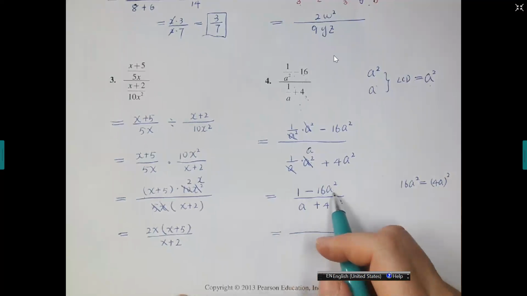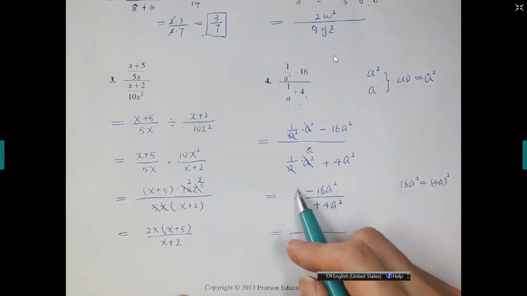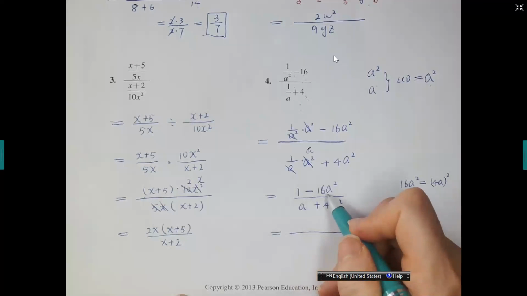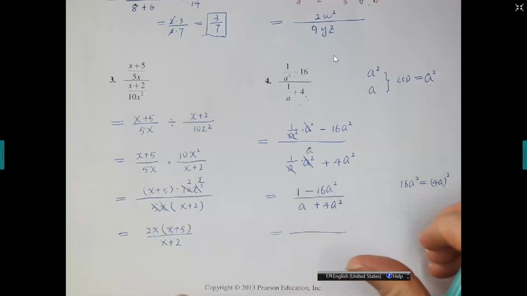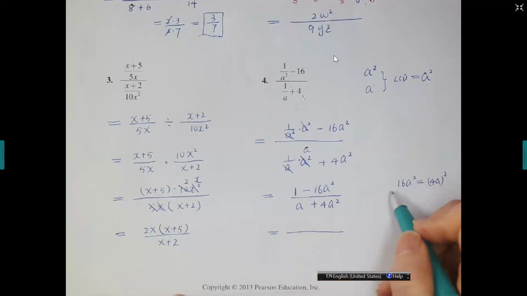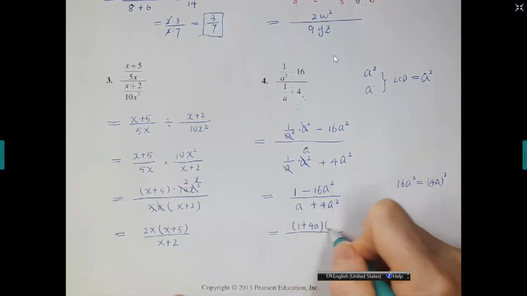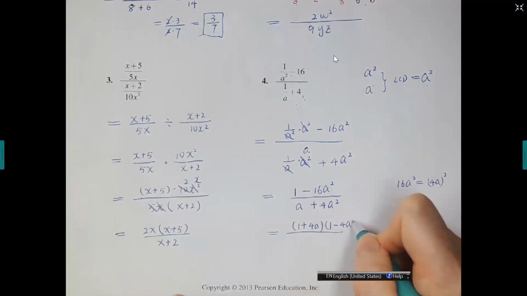So this numerator is actually 1 squared minus 4a parentheses squared. Difference of squares can be factored as sum times difference. So add the two bases, 1 plus 4a, and then subtract the two bases, 1 minus 4a.